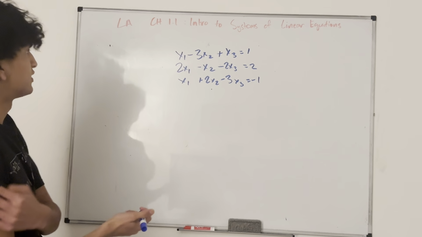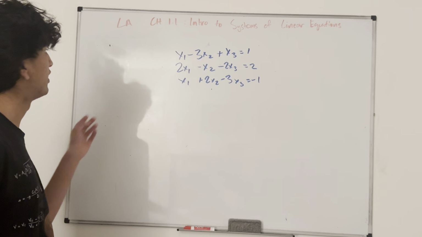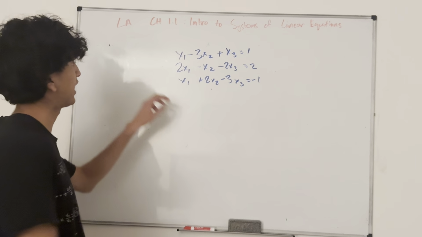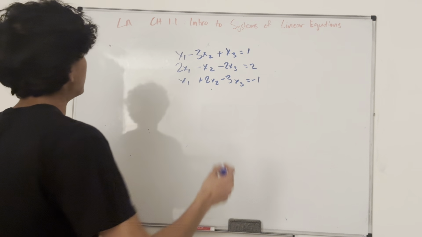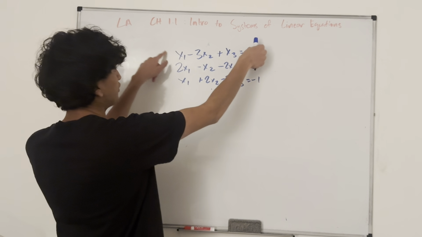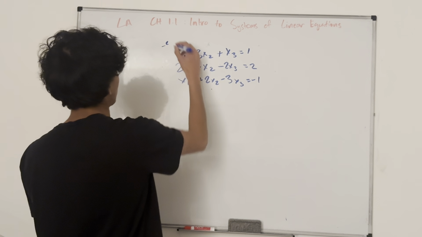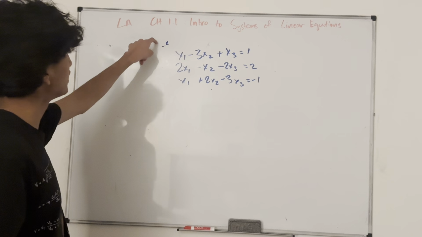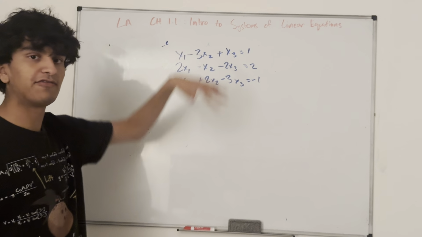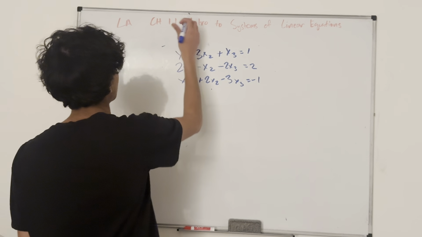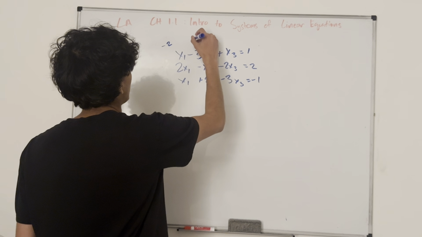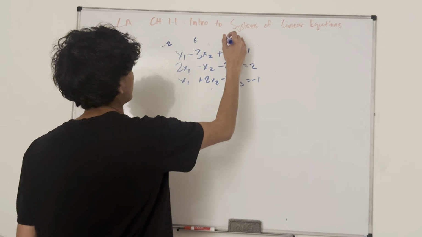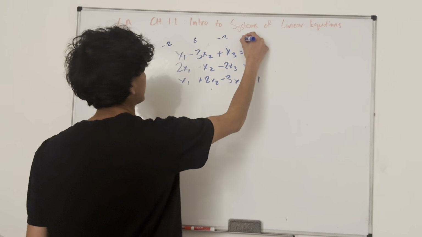So basically, I want to get rid of the x1s in these bottom two. So I'm going to multiply this first equation by negative 2, because that negative 2x1, when I combine it with 2x1, gets eliminated. So I'm going to just write the coefficients: negative 2, 6, negative 2.